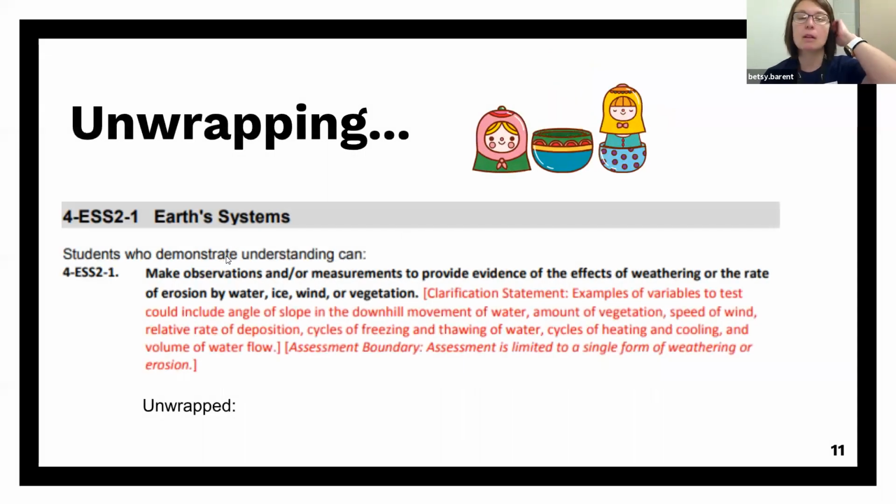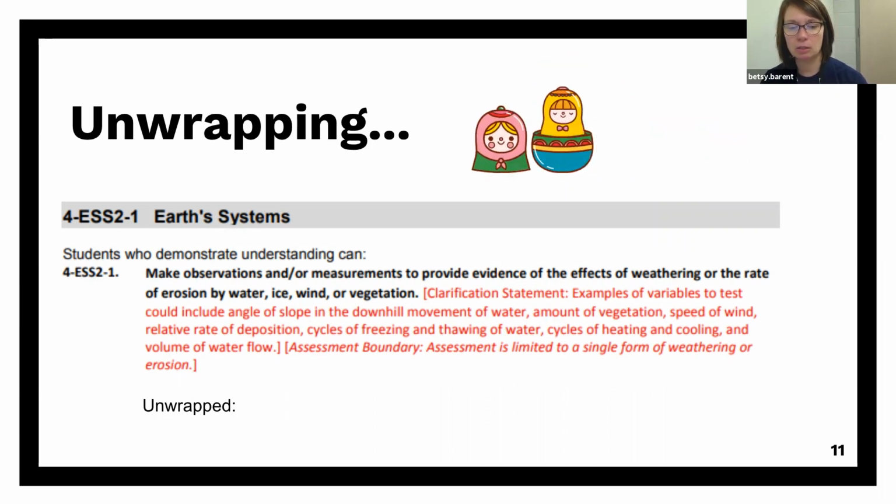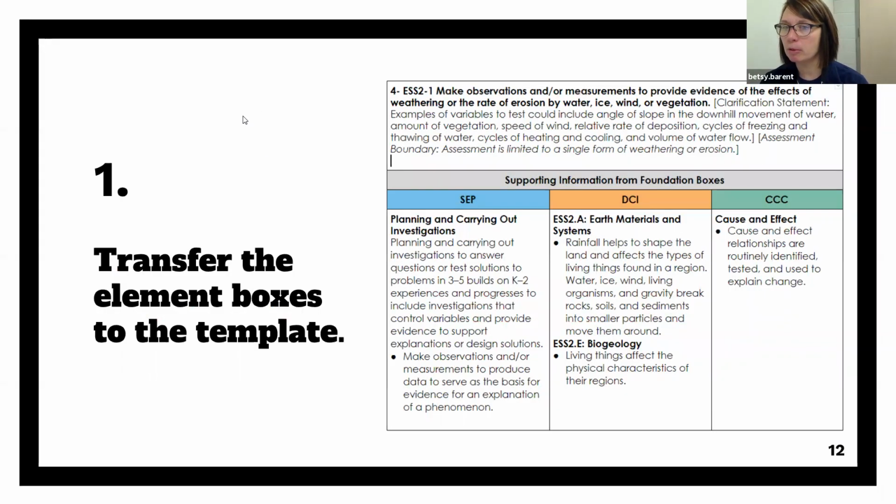So just going back to our standard that we're going to focus on for ESS 2-1. And remember, the first step of that process is to transfer the elements, the information from the element boxes to the template. So this is just a screenshot here, but you can see I took the science and engineering practices, the DCI, and the cross-cutting concept, and I just transferred those straight from the standards document into these boxes on that template.